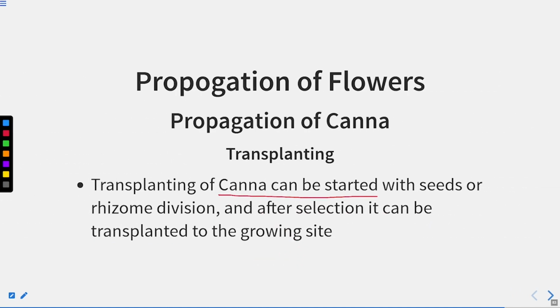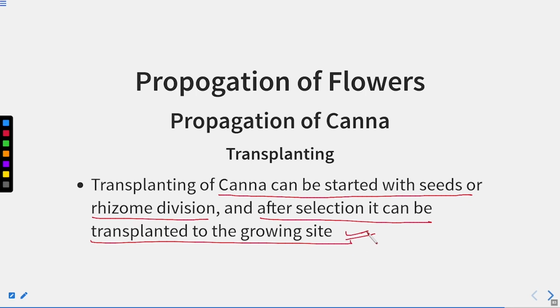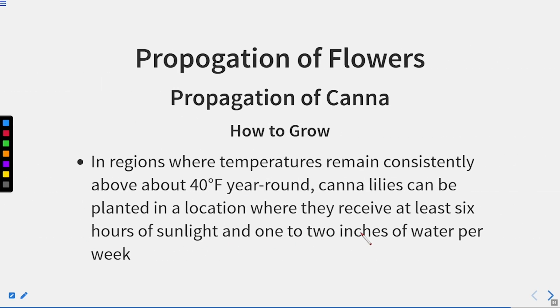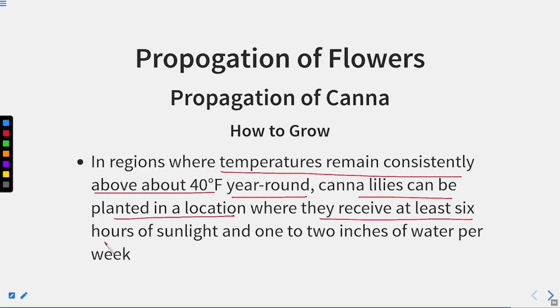Transplanting of canna can be started with the seeds or rhizome division, and after selection it can be transplanted to the growing site. In regions where the temperature remains consistently above 40°F year-round, canna lilies can be planted in a location where they receive at least 6 hours of sunlight and 1 to 2 inches of water per week.